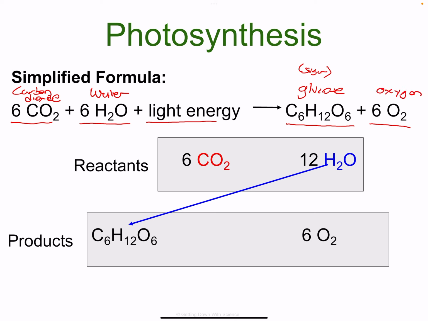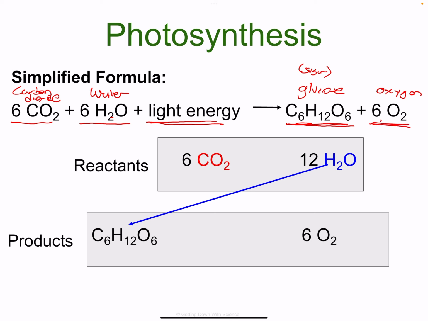So essentially what we're seeing here is that when you take carbon dioxide molecules and when you take water molecules, right, and you add them together with light energy, right, so using the sun, you're going to end up converting the carbon dioxide and water by using light, and that's going to give the plant a glucose molecule, one single glucose molecule, and it's also going to produce oxygen, right, as a byproduct.